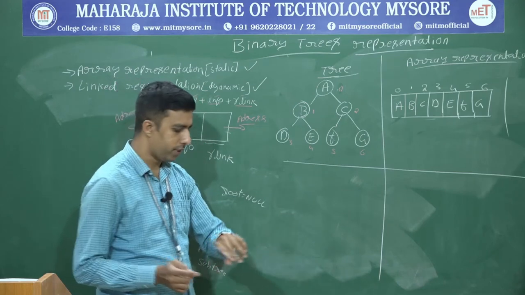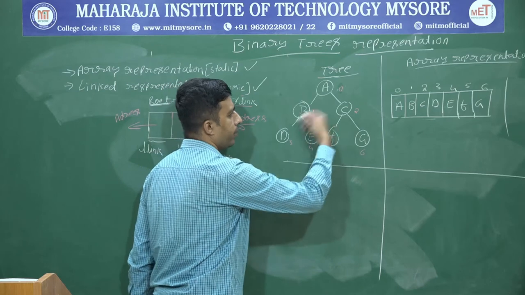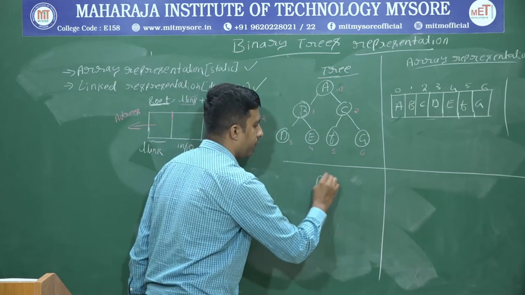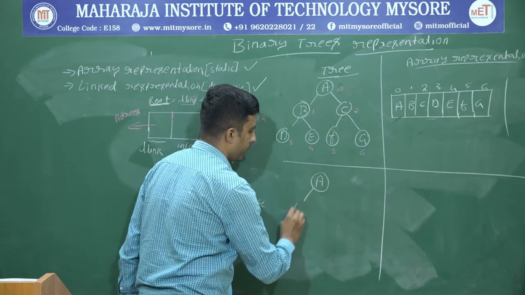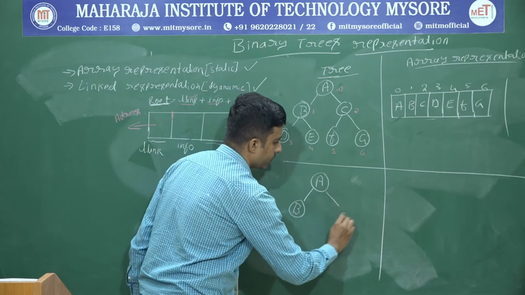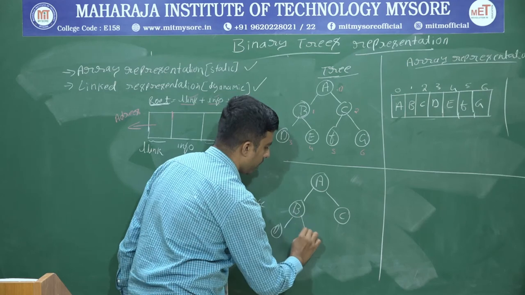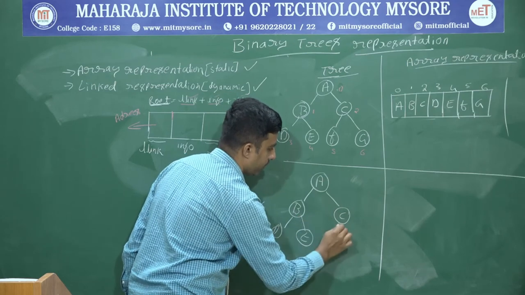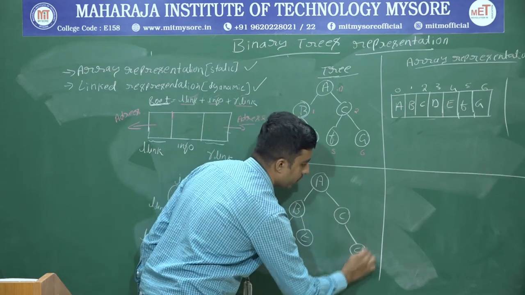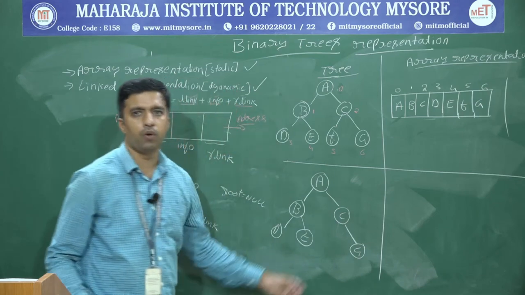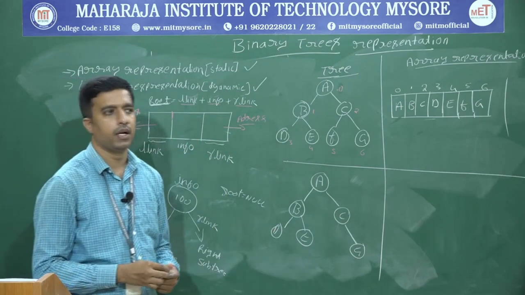There is one more case: you may have a partially filled tree, with A, B, C, D, but I don't have F there, I only have G. How are you going to represent this in array form?